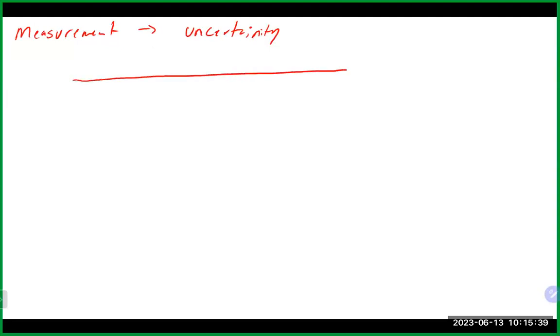So for example, if we look at something, we'll say these are centimeters. And we go to here. All right, so let's say we wanted to figure out the proper measurement here.